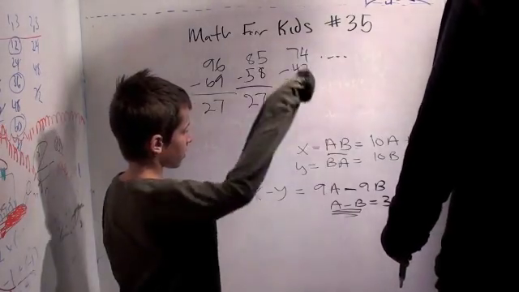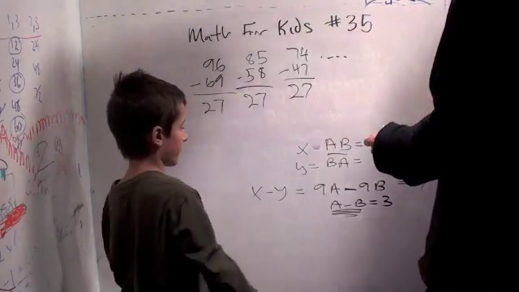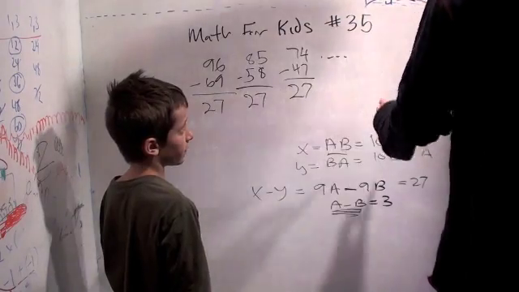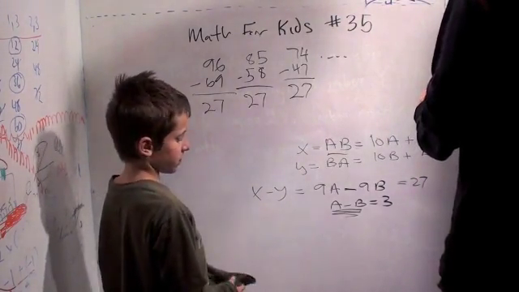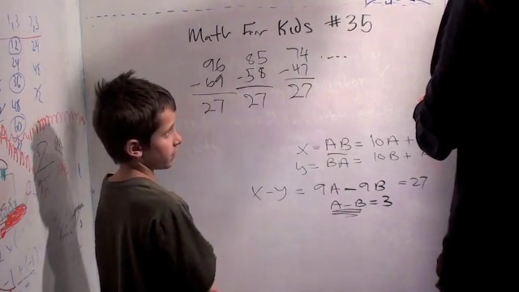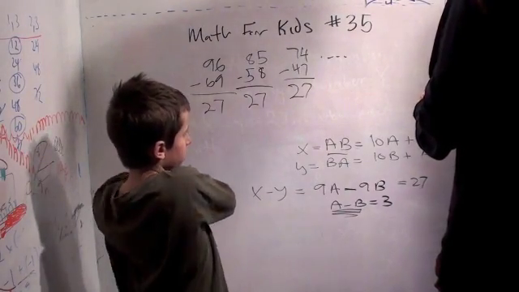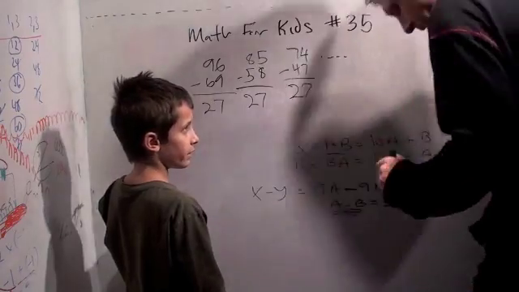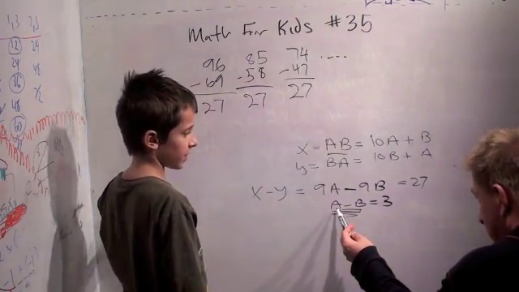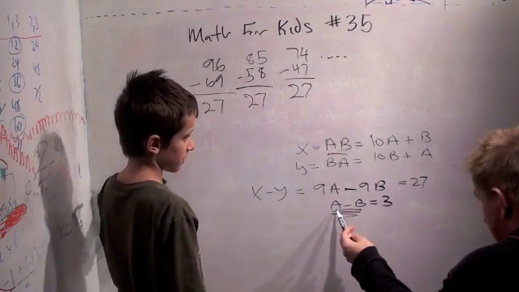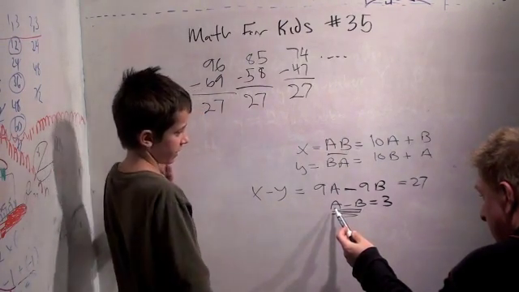I think it would have to be 3 and 1? No, 31 minus 13, no. A can't be 1. A can't be 2, because it's lower than 21. A can't be 3.